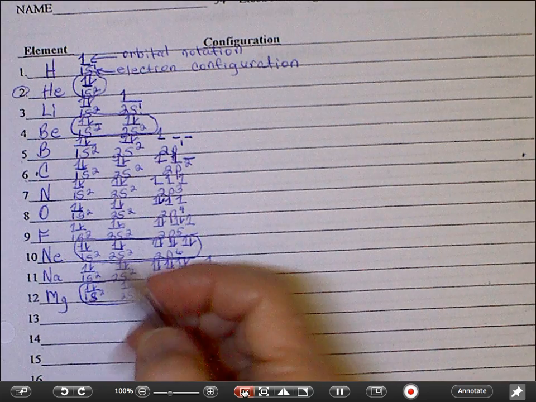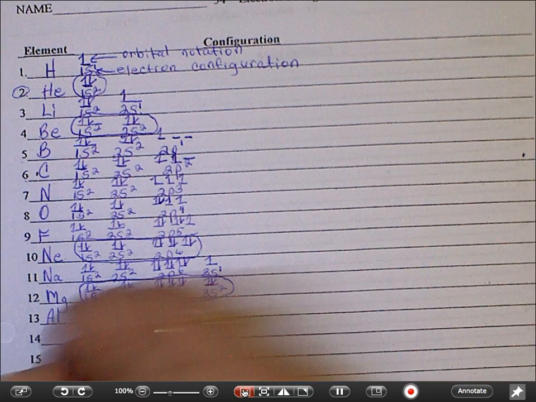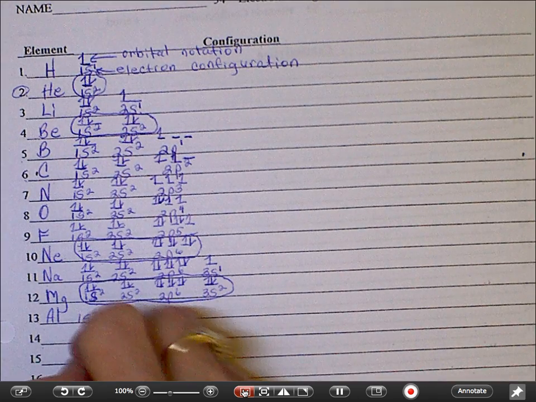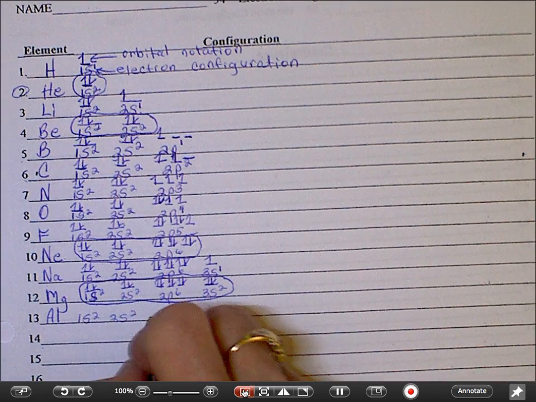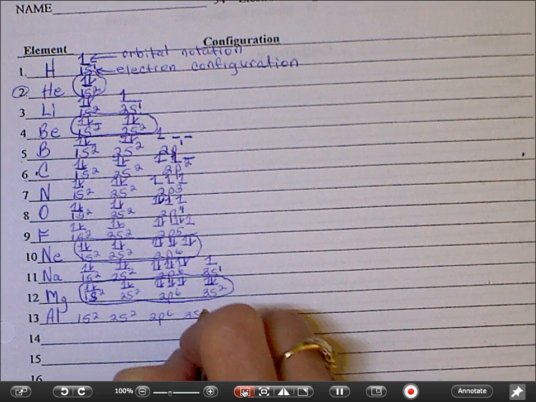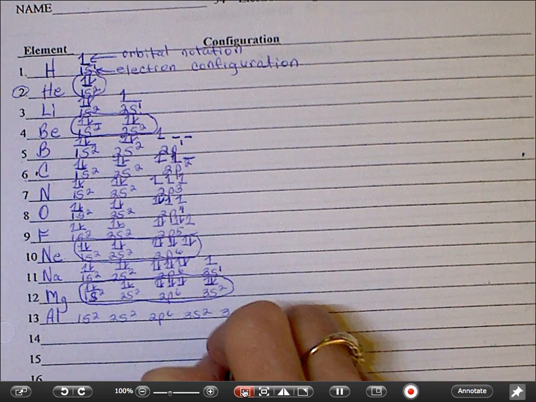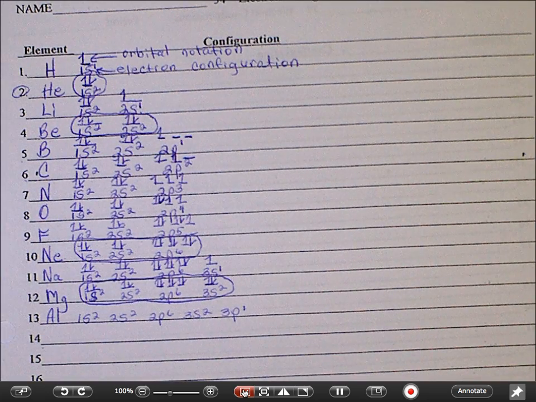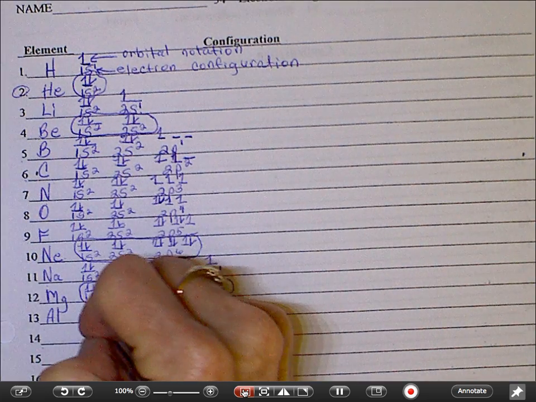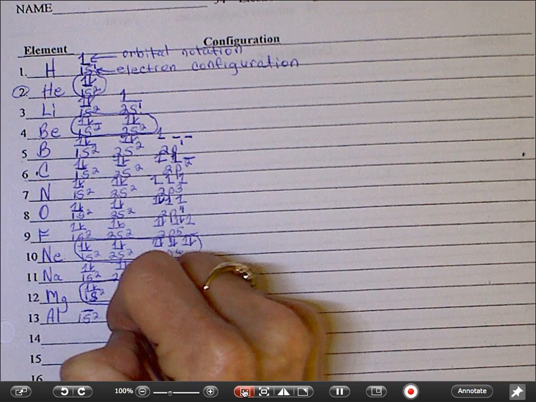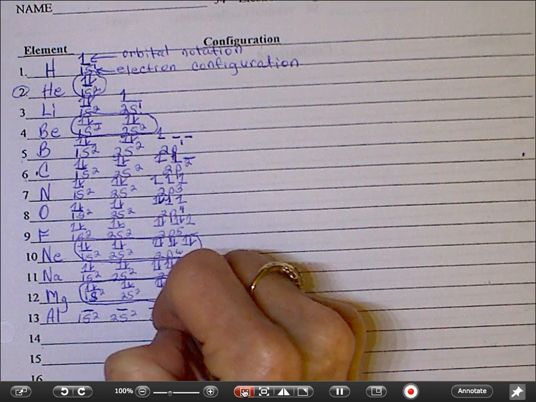Everybody see that? So I'm going to copy all of this. 1s2, 2s2, 2p6, 3s2, 3p1. Everybody agree? Okay. Put in your orbitals and arrows. 1 for S's, 3 for P's.